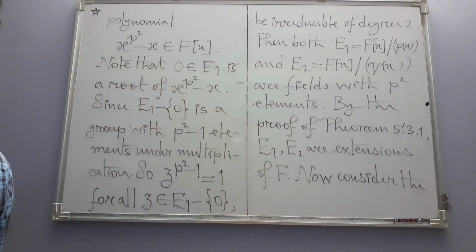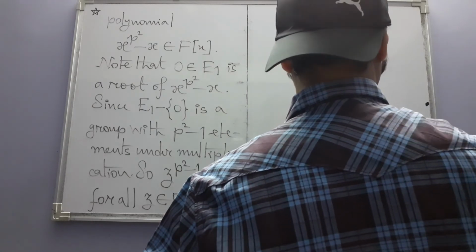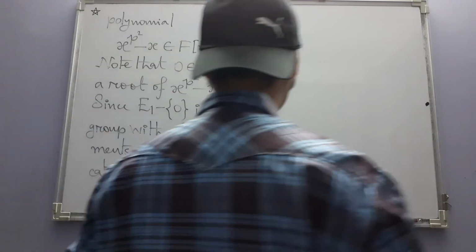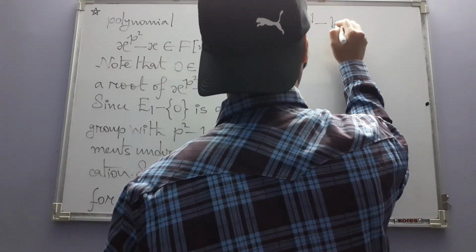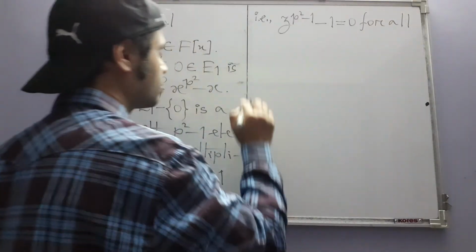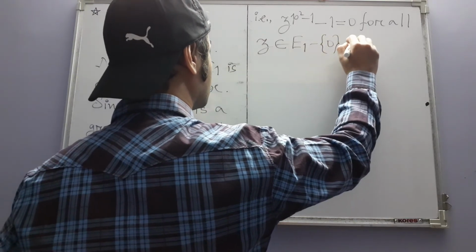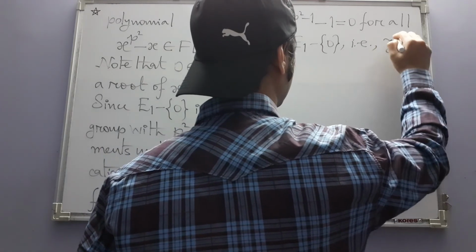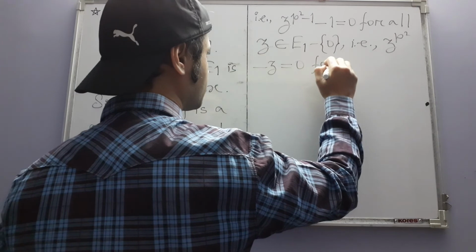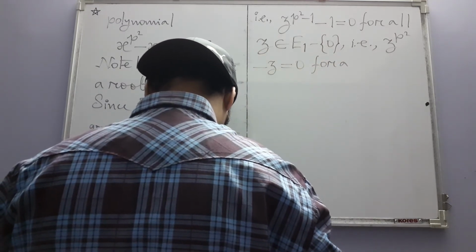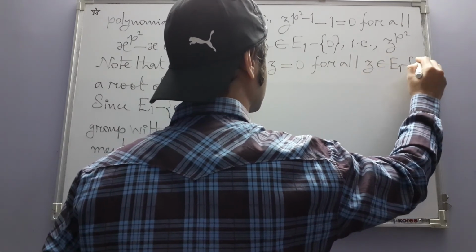And this thing can now be written a little differently like this, i.e., still a little more differently like this, for all elements in E1 minus 0.